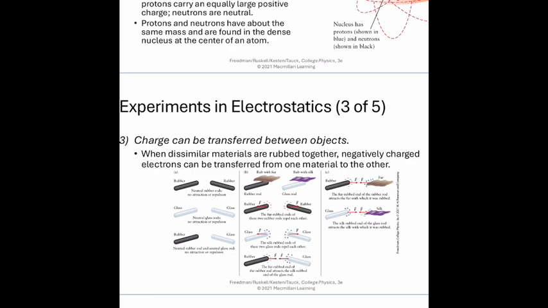So you may have seen this example done if you've taken physics previously, or if you have watched physics videos, an introduction to electrostatics. It's a very classic, very canonical example where you have a rubber rod and a glass rod, okay?